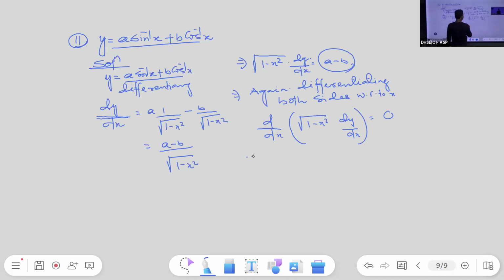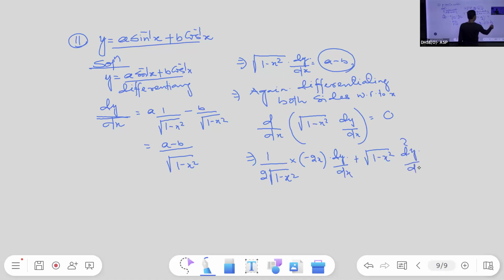Now differentiating using product rule, derivative of under root 1 minus x square is 1 by 2 under root 1 minus x square, and derivative of 1 minus x square is minus 2x, into dy upon dx, plus under root 1 minus x square into derivative of dy upon dx, that is d square y upon dx square, is equal to 0. 2 cancels.